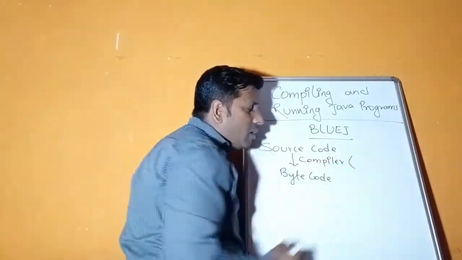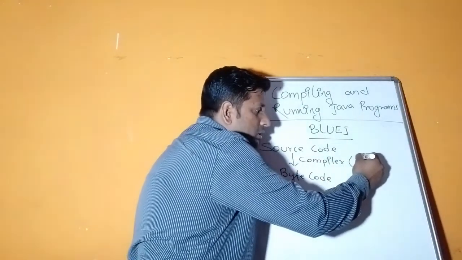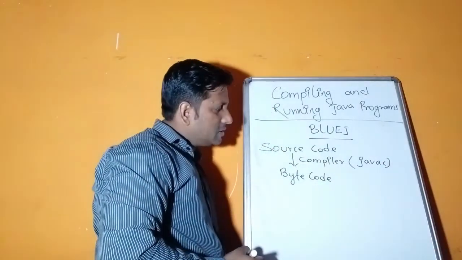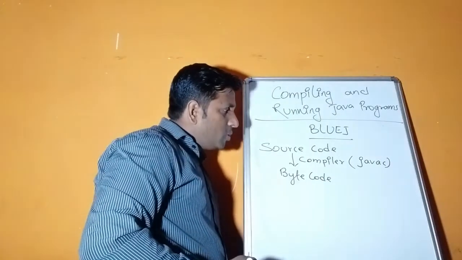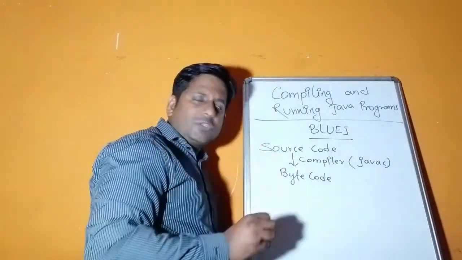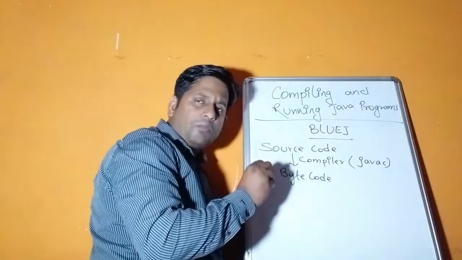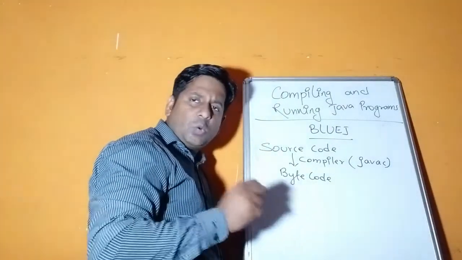And the compiler of Java is JAVAC, J-A-V-A-C. So source code means the program code, the code which we type, that is compiled and converted to bytecode. Bytecodes are machine code.